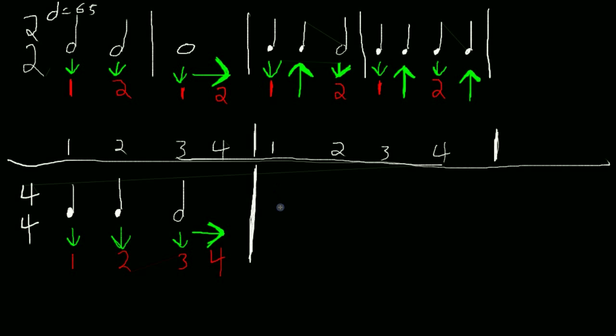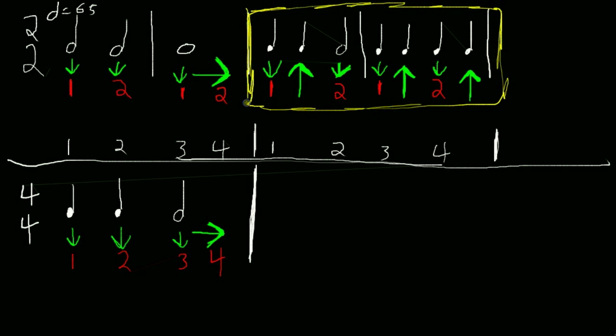But if you think about it, let me do this in yellow. Say this whole thing down here is what is going to translate into one measure of 4/4. And up here we've got quarter notes.